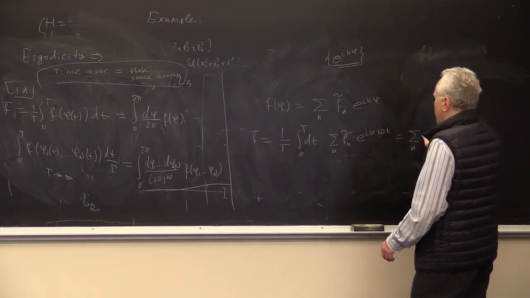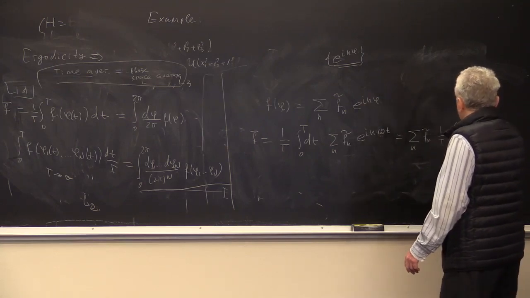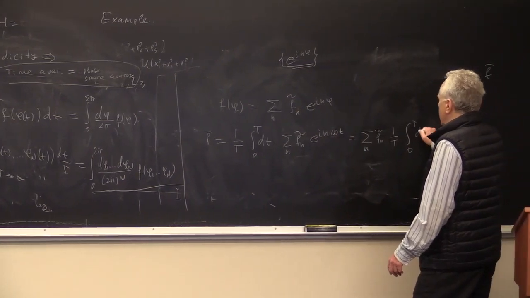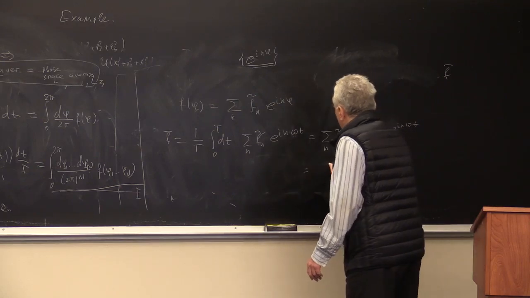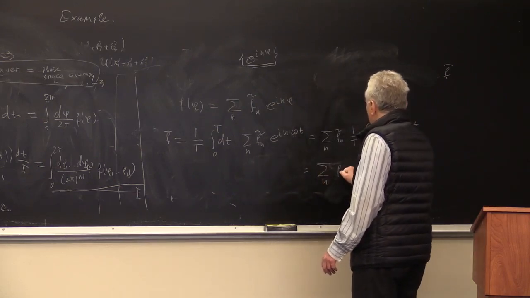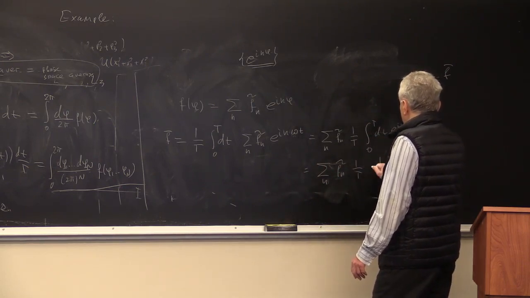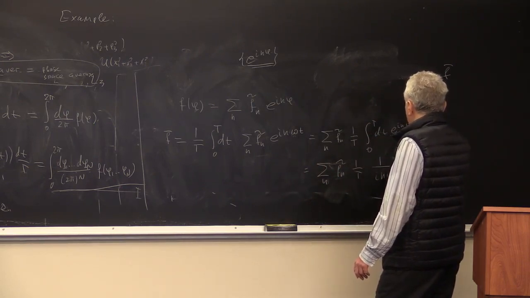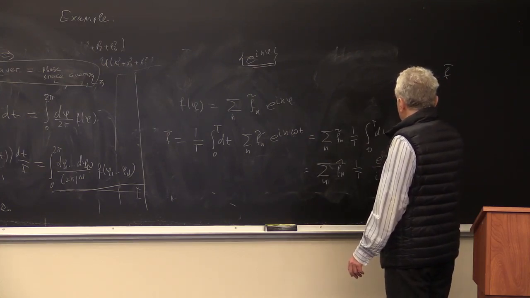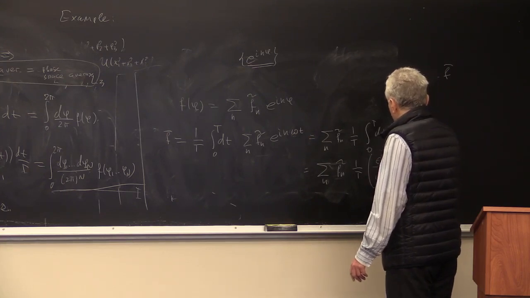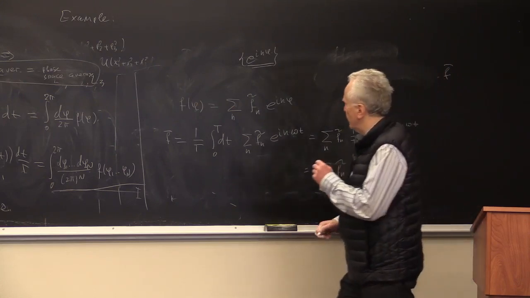So we have the sum over n, f_n tilde, 1 over T, integral from 0 to T dt, e to the i n omega t. And that gives us f_n tilde, 1 over T, times 1 over i n omega, times e to the i n omega T minus 1. So I just calculated this integral.